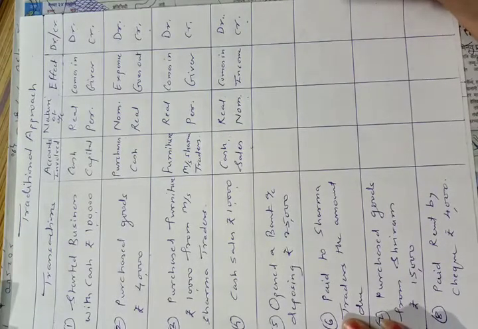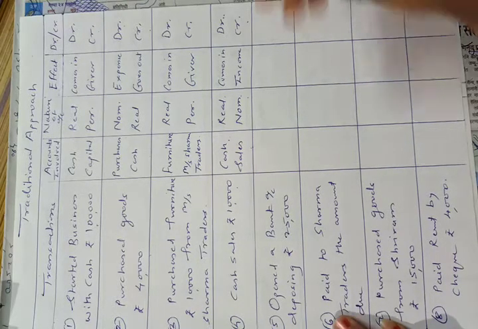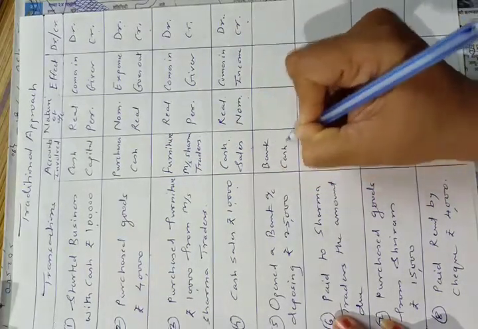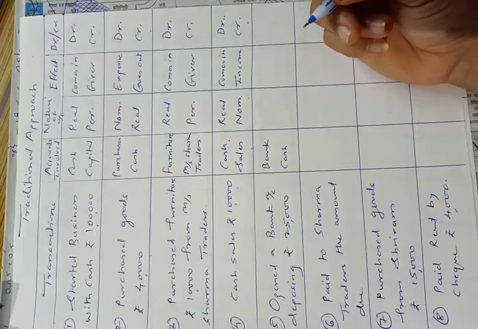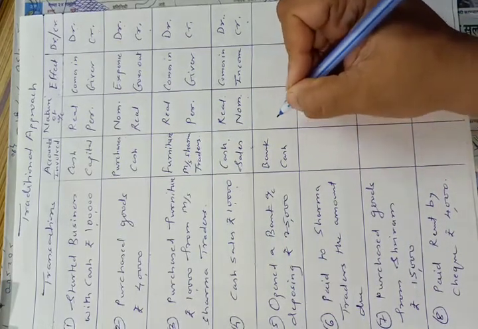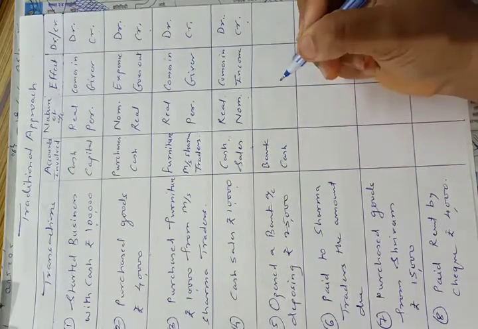Opened a bank account depositing rupees 25,000. Two accounts will be involved here. One will be the bank account and the second will be the cash account. Here we can consider bank as an institution or as an asset. Okay.